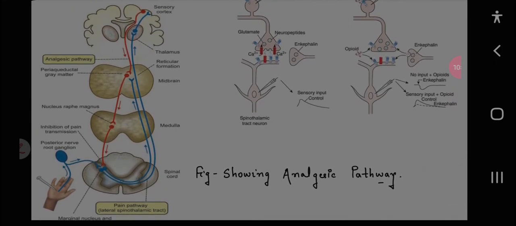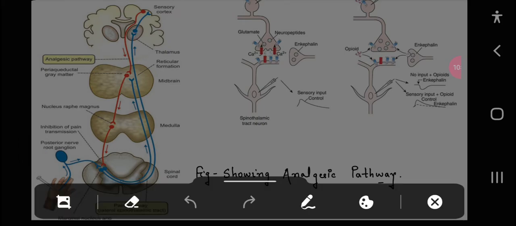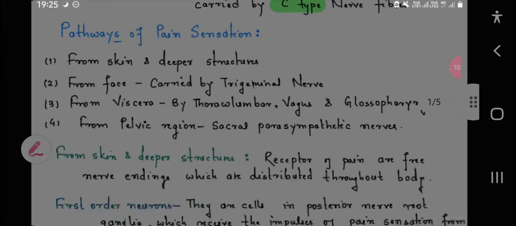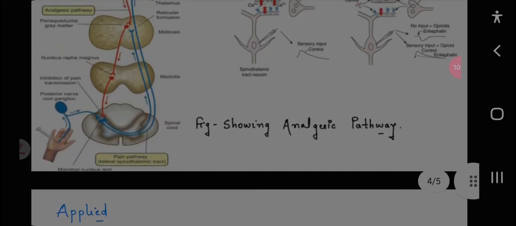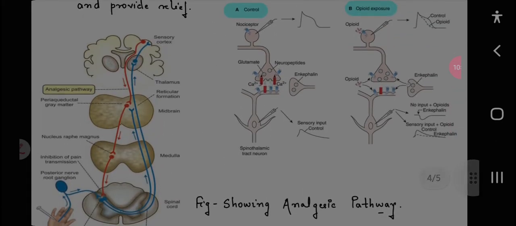Sensory cortex, analgesic pathway, periaqueductal gray matter, nucleus raphe magnus, inhibition of pain transmission, posterior nerve root ganglion, spinal cord, medulla, midbrain, thalamus, and in here you can see the reticular formation, and here is the sensory cortex. Analgesic pathway is it.